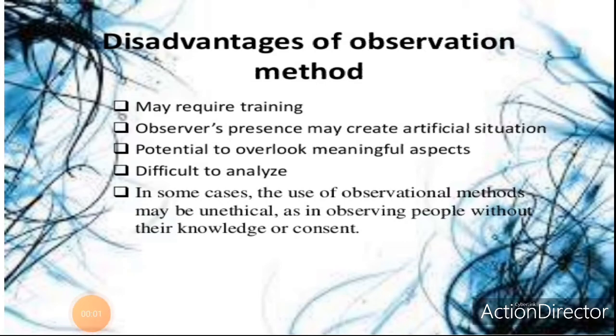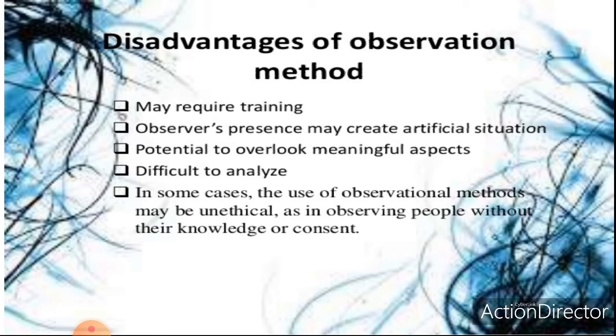Sometimes the observer's presence may create an artificial situation, and the observer may overlook meaningful aspects. Sometimes it may be difficult to analyze. In some cases, the use of observational methods may be unethical. So, these are all about the disadvantages of the observation method or major problems faced in the case of observation method.